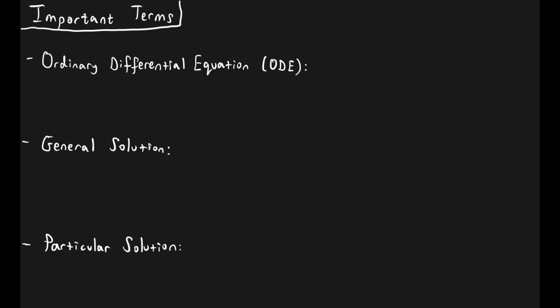Let's see some examples of this. So we could have the differential equation y prime equals y. That would be an ordinary differential equation. Why is that? Well, it's because it has the derivative y prime and it also has the dependent y of x function.